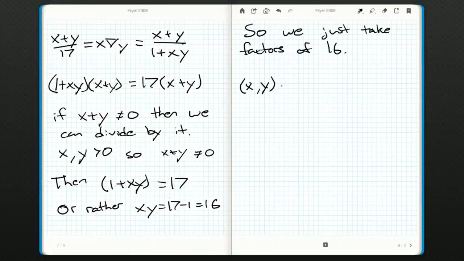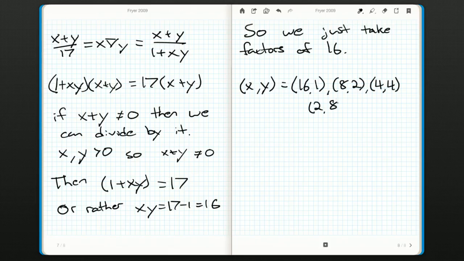So x and y, we could have 16 and 1, could have 8 and 2, could have 4 and 4, could have 2 and 8, and lastly we could have 1 and 16.